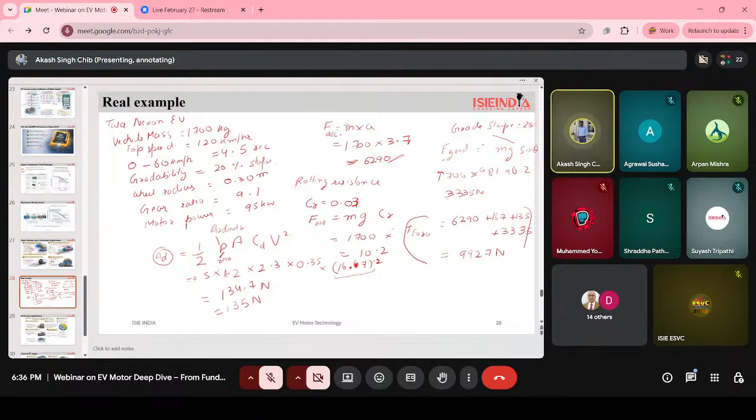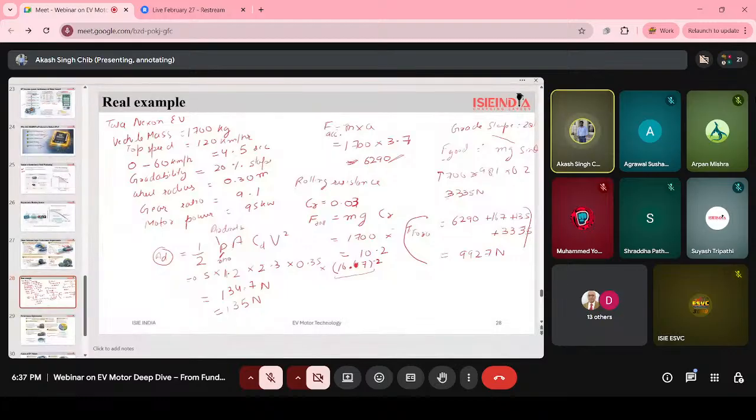We have taken Tata Nexon as an example, with the vehicle mass and top speed we decided here. You can do this calculation by choosing the motor, and by this calculation you can check the performance of an electric vehicle: how much force it can bear, the aerodynamic force, the rolling resistance, and the gradability.